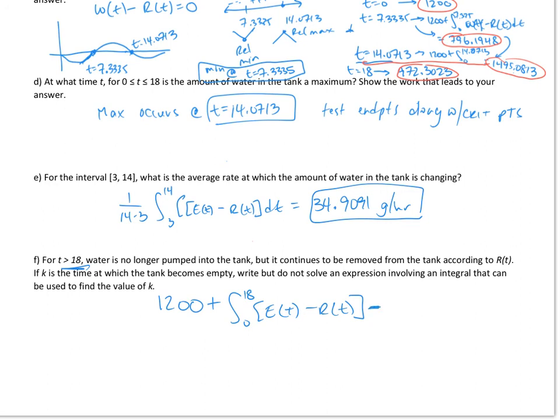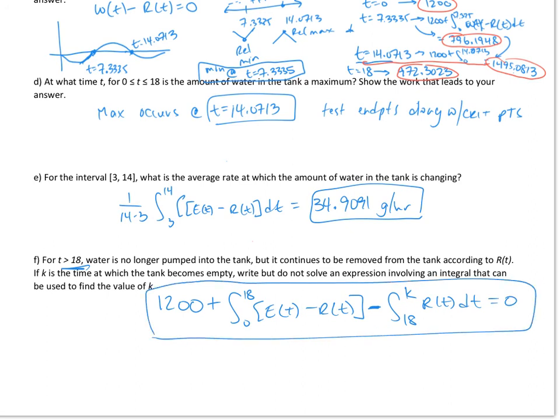So we need to subtract now from 18 all the way to whatever value k, this R of t equation, until we get 0. That would be how we set it up. So this is everything that's coming in minus the out from 0 to 18, and this one is the out for everything greater than 18, and we want to know when all that will end up being 0.